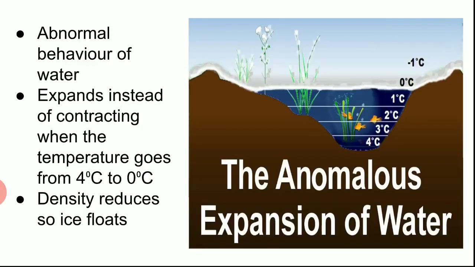And when the substance is less dense, that substance definitely floats. So we see ice floating on water, and above water, even if the temperature is low, below ice the water temperature just remains at 4 degrees Celsius, which is enough for the aquatic life to survive, which keeps the water in its liquid state.